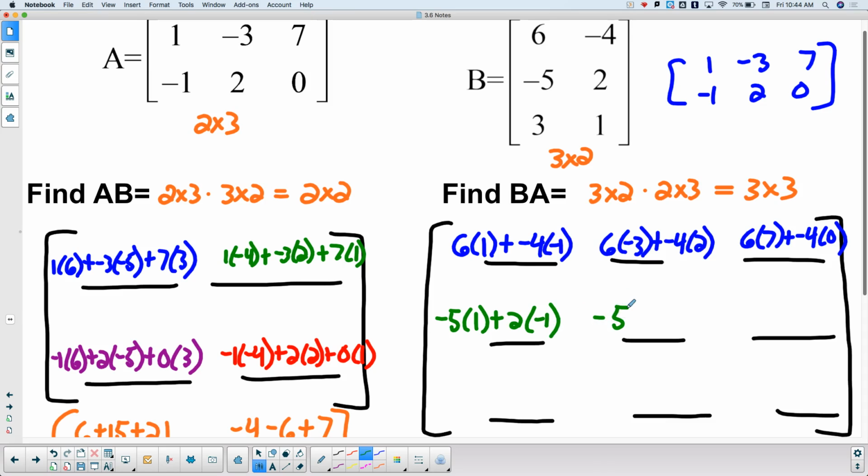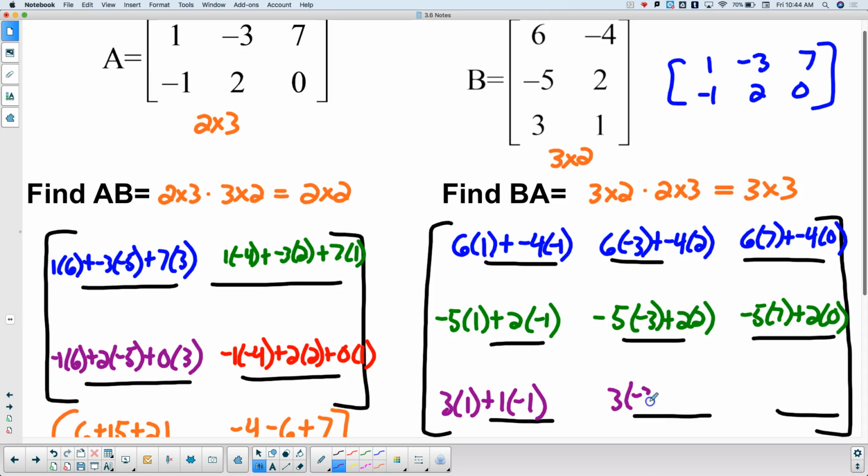Negative 5 times negative 3 plus 2 times 2. Negative 5 times 7 plus 2 times 0. Whoa! 3 times 1 plus 1 times negative 1. 3 times negative 3 plus 1 times 2. 3 times 7 plus 1 times 0. Love it.